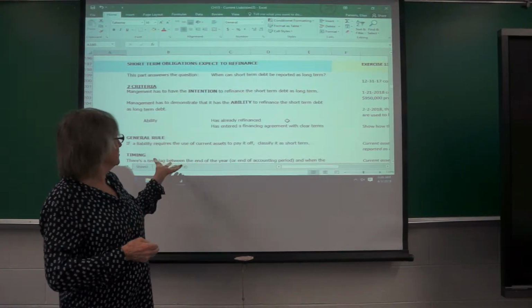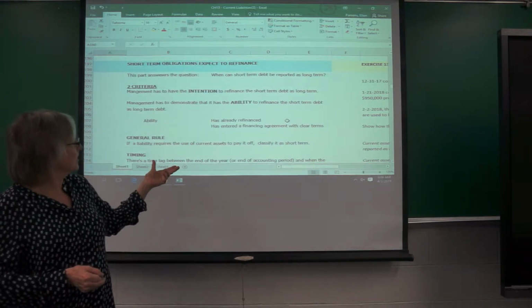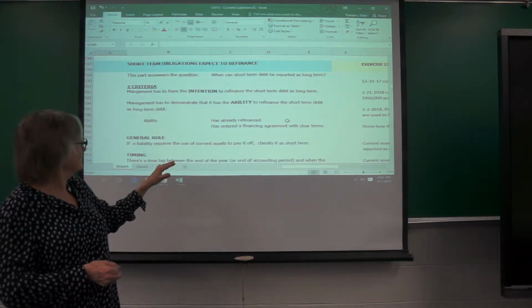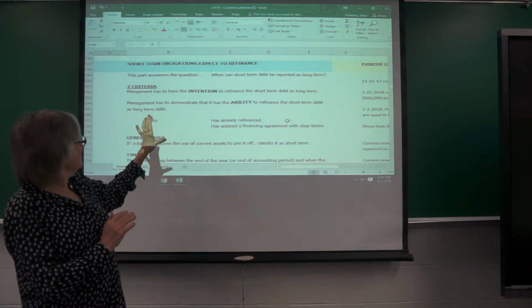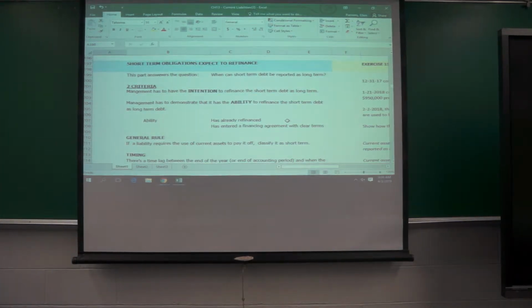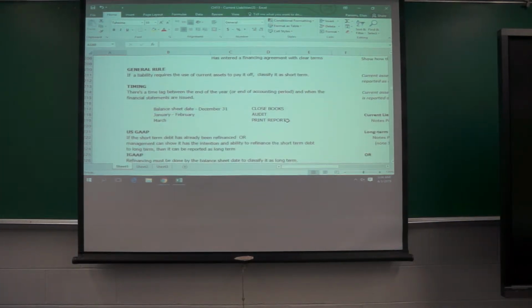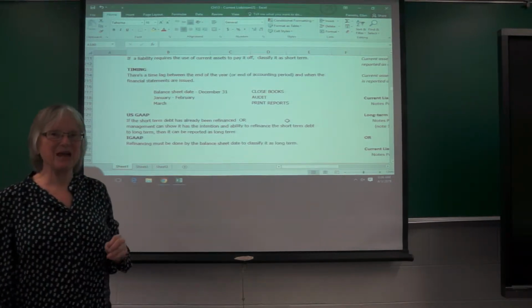So we go back to the general rule: if a liability is going to use current assets to pay it off, we have to classify it as short-term, otherwise long-term. So intention and ability. This is where you just have to keep track of the timing. And US GAAP is different from international GAAP on this.